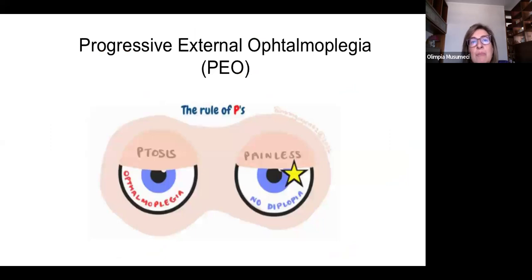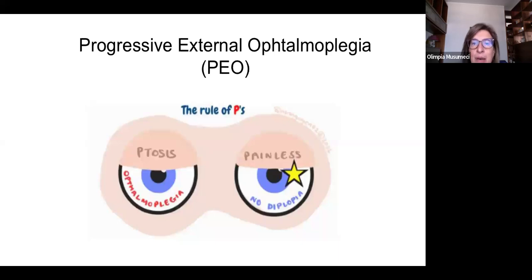When we talk about progressive external ophthalmoplegia, sometimes also called chronic external ophthalmoplegia, we usually think about mitochondria.